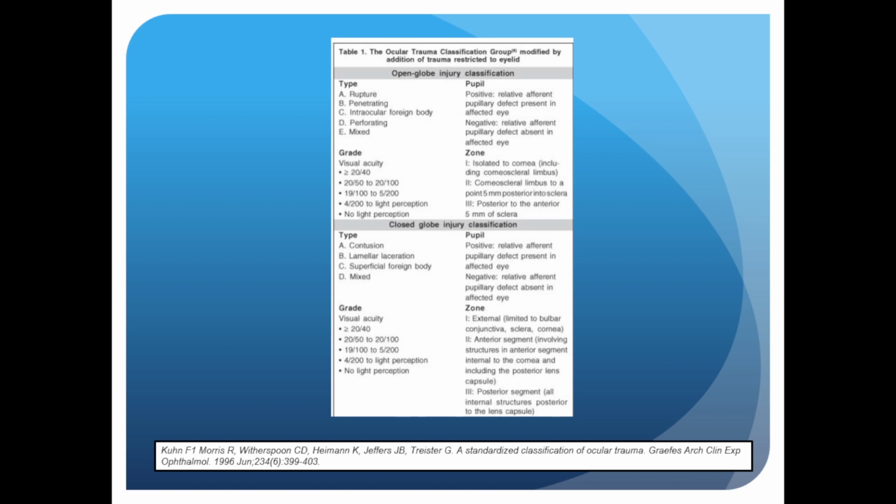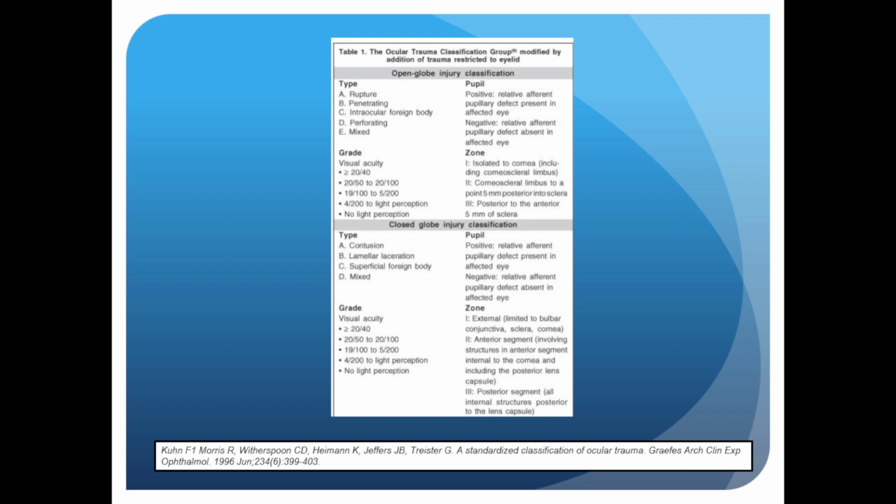There are four important points you have to keep in mind while classifying open or closed globe injuries. First is the type of injury, then the grade of injury, then the pupillary reaction, and then the zone of injury. If you consider open globe injury, type will be rupture, penetrating, intraocular foreign body, perforating, and mixed.